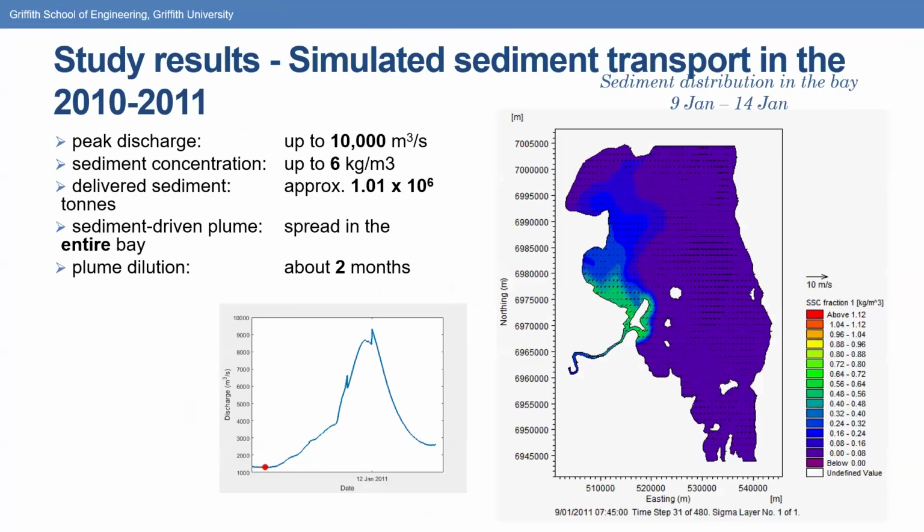And here, this is just an animation, not 3D. This is showing the river discharge for this whole event. And this is the sea surface concentration of the sediment. How does that compare to this storm?